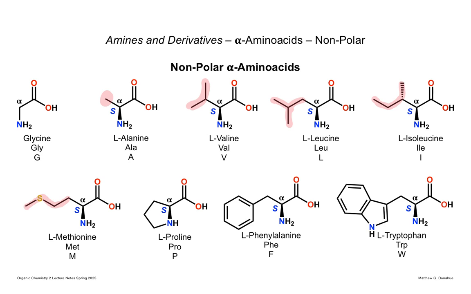Proline is the only one where the side chain and the amine are cyclized, so it forms a ring. And it's the only one that's also a secondary amine. All the others are primary. Phenylalanine has a benzyl group.